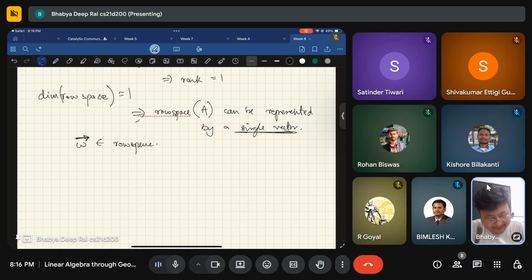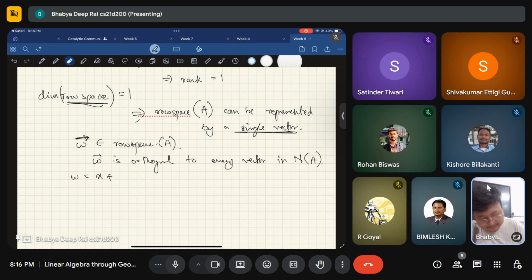It is in the row space of A, and since it is in the row space, now we have that orthogonality property. It means that the W vector is orthogonal to every vector in the null space. So let me take W to be (x, y, z).